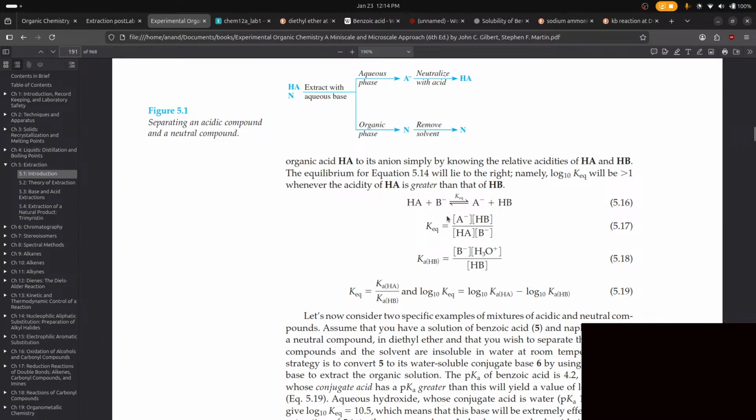Oh, you can just do that? Log 10 Ka of HA.